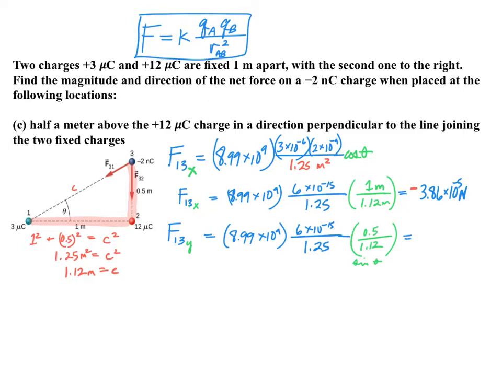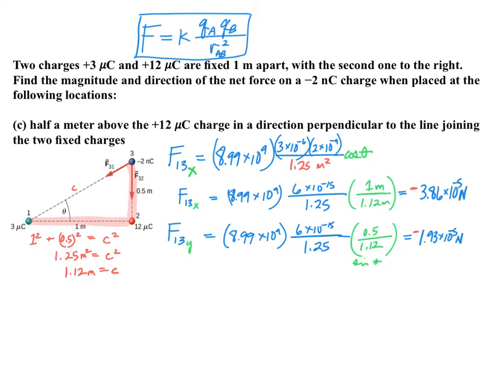And that will multiply out to 1.93 times 10 to the minus 5th newtons. And this is also going to be negative because it's pulling it down, right?